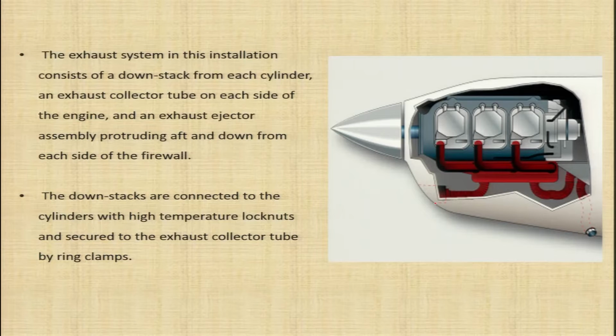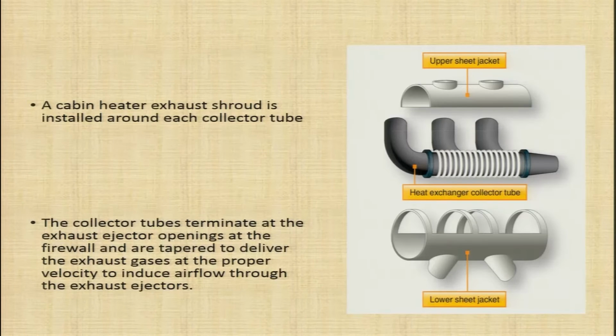The down stacks are connected to the cylinders with high temperature lock nuts and secured to the exhaust collector tube by ring clamps. In the figure you can see the heat exchanger collector tube, the upper sheet jacket, and the lower sheet jacket.